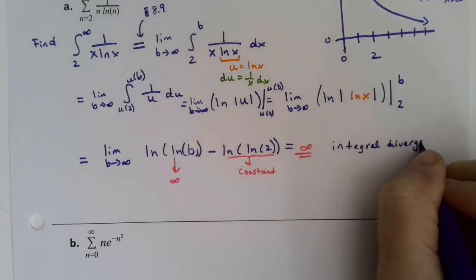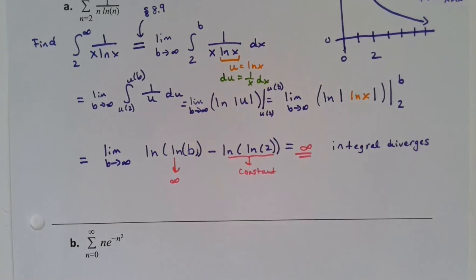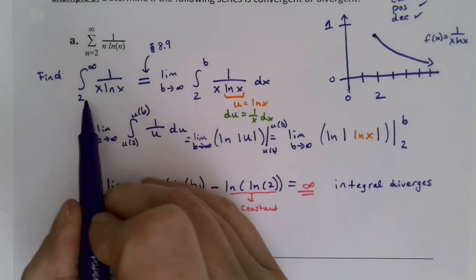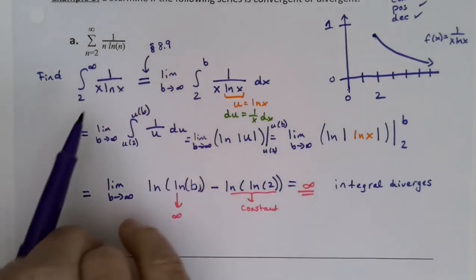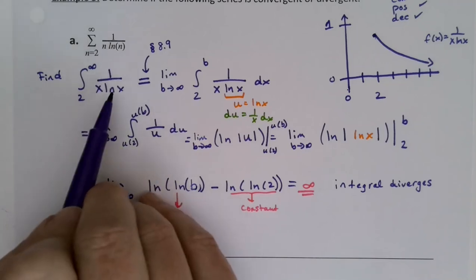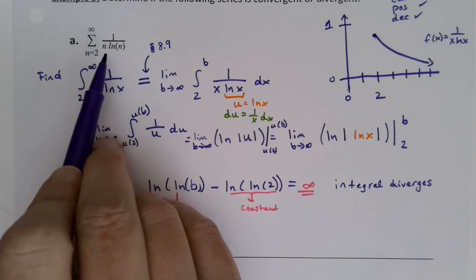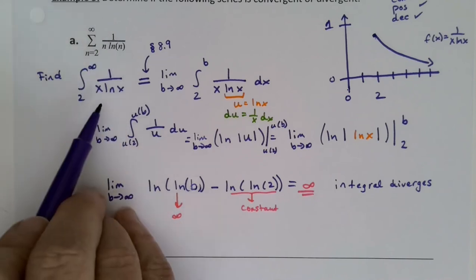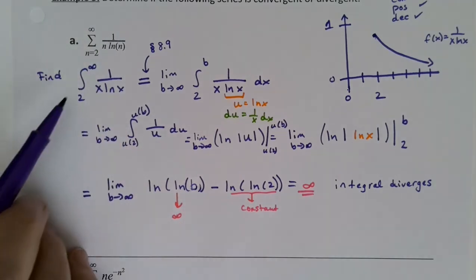So we're taking the concepts that we learned for those infinite integrals, and now we're putting them to good use with these series. Since the integral diverges, and this integral and that series are, well, let me put it this way. This is the function that builds this sequence, right? In other words, this sequence in here is this function for integer values of n.